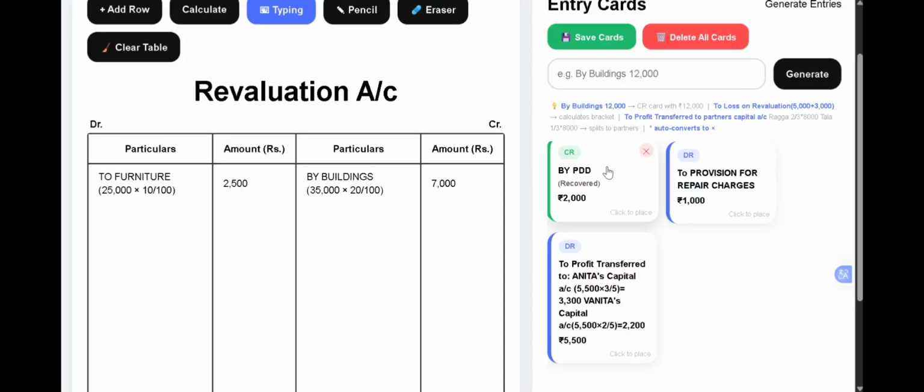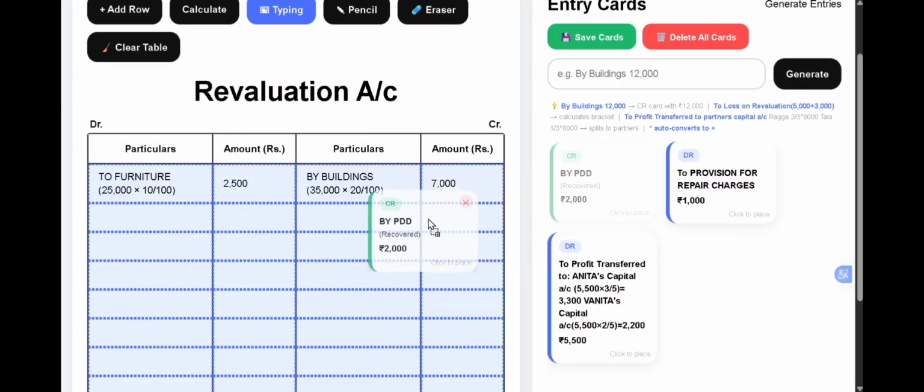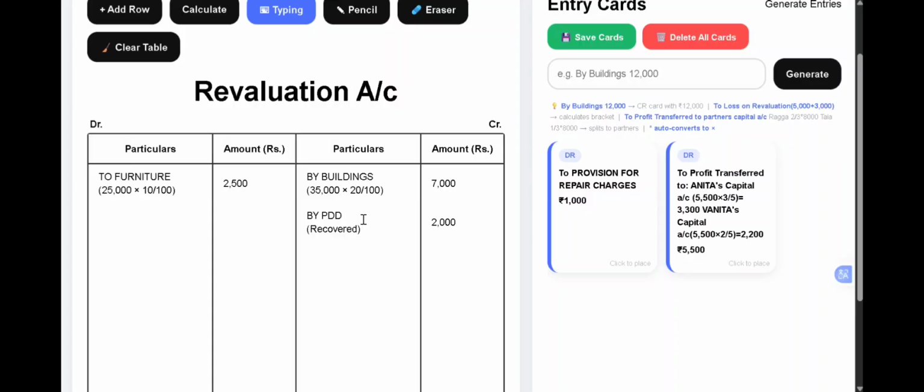It is a recovered amount. So this also is an increase of asset. So it will be recorded on the credit side of revaluation account by PDD. The entire PDD which is given in the balance sheet, the old PDD, should be recorded on the credit side of revaluation account. Next we have is the provision for repair charges.